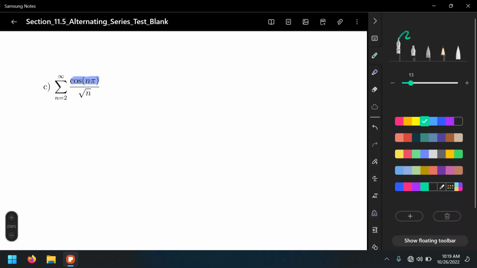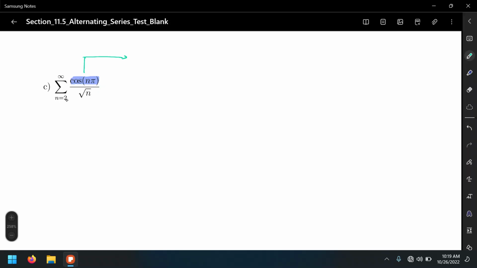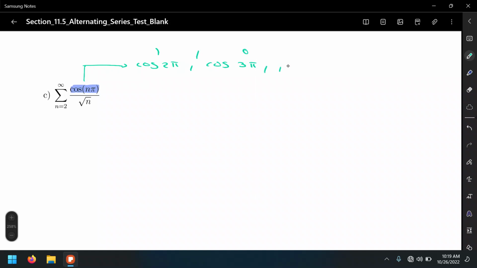Starting at n equals 2, that's cosine 2 pi, which equals, what's cosine 2 pi? 1. What about cosine of 3 pi? -1. What about cosine of 4 pi? 1.